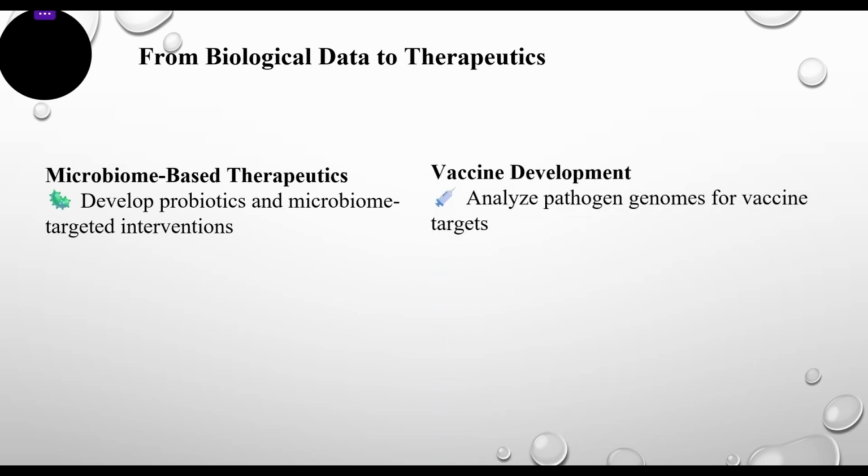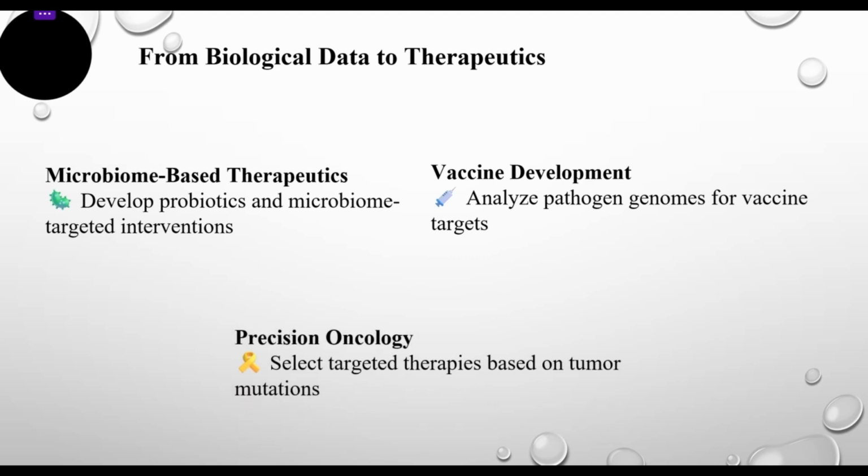During the COVID-19 pandemic, bioinformatics played a major role in vaccine development and variant tracking. So the final goal of Linux, bioinformatics and omics technologies is not just to analyze data. The ultimate goal is better diagnostics, better therapeutics, and better patient outcomes.